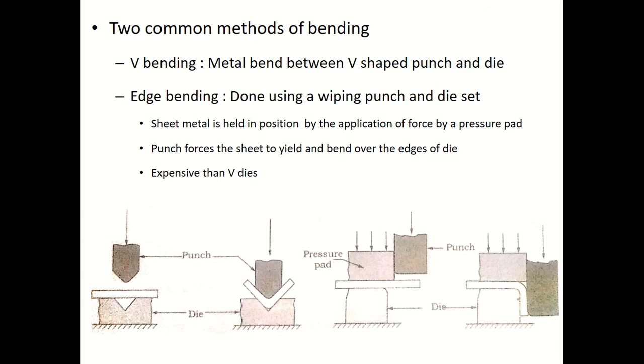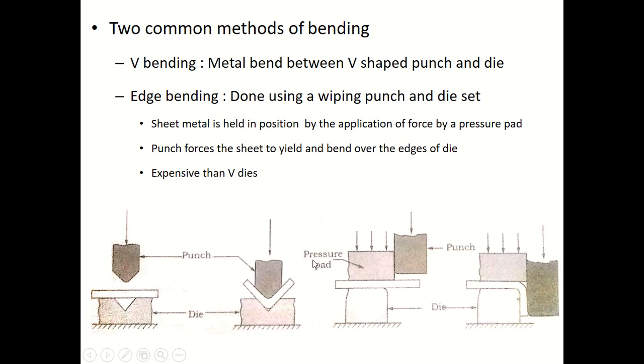Now what is actually happening is, you can see this is a die, this is a punch. This is position number 1, this is position number 2. If you look at this diagram, you can easily understand how edge bending works. Initially, the sheet metal is held in position by the force of a pressure pad.